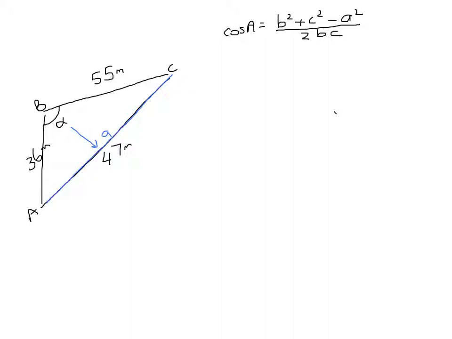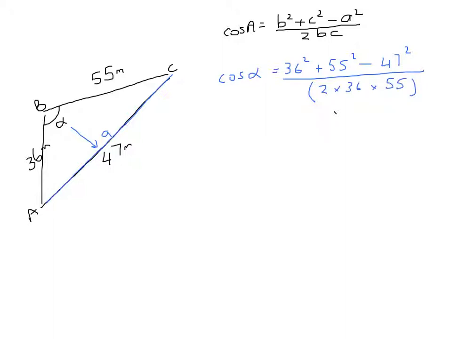And so you can just fill this in. The cosine of my angle is, b and c again are beside the angle, so 36 squared plus 55 squared minus, always subtract the length that's opposite the angle, 47 squared, divided by, and again I put this in brackets because I want to divide it by all of this, 2 times 36 times 55, equals, it should be 0 point something.